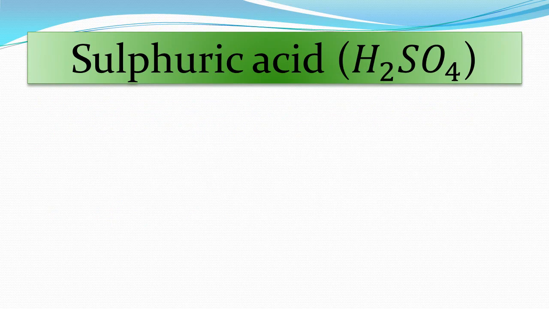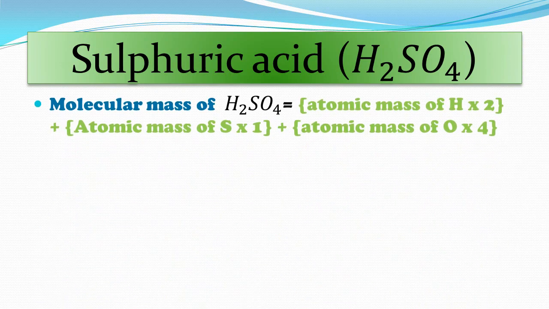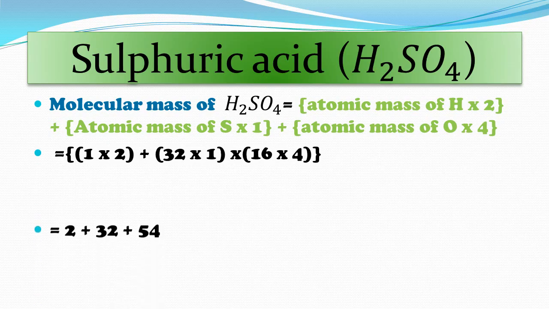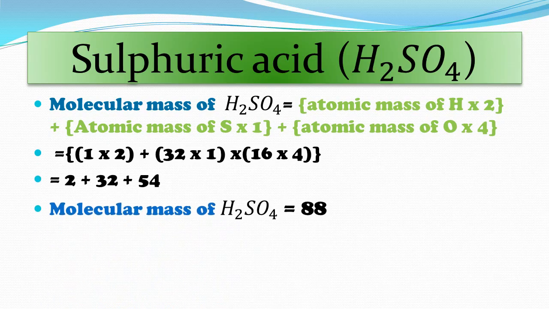Here 2 atoms of hydrogen, 1 atom of sulfur, and 4 atoms of oxygen are there. So the molecular mass of H2SO4 equals the atomic mass of hydrogen multiplied by 2 plus the atomic mass of sulfur multiplied by 1 plus the atomic mass of oxygen multiplied by 4. After putting in all the values we get the answer as 98.